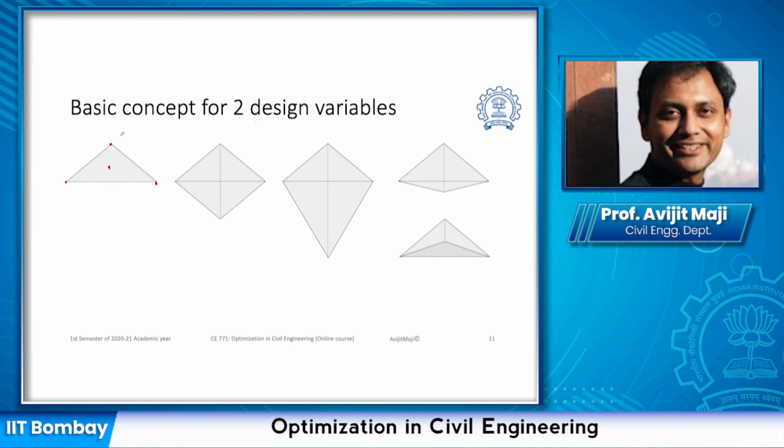So in this case, if we find this is the worst point among the 3 points, then we use this point to reflect towards the center and beyond, and this reflected point is here.